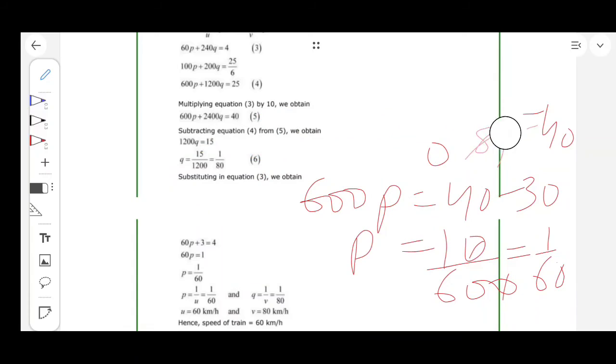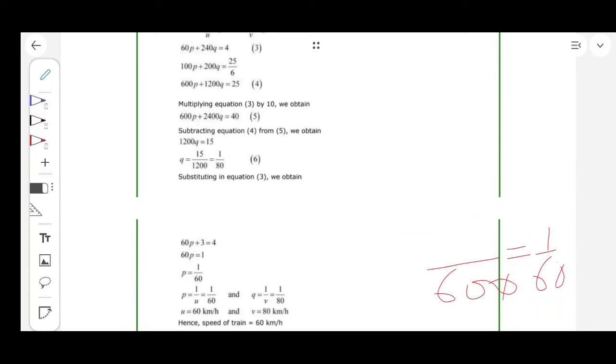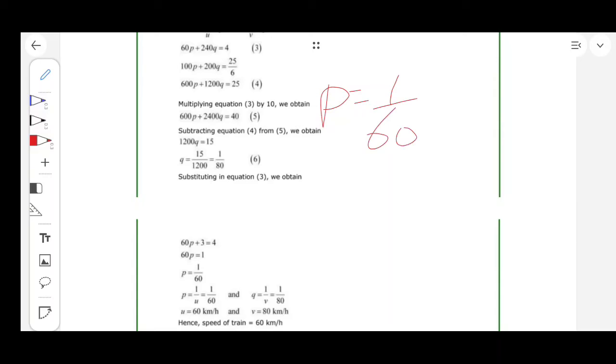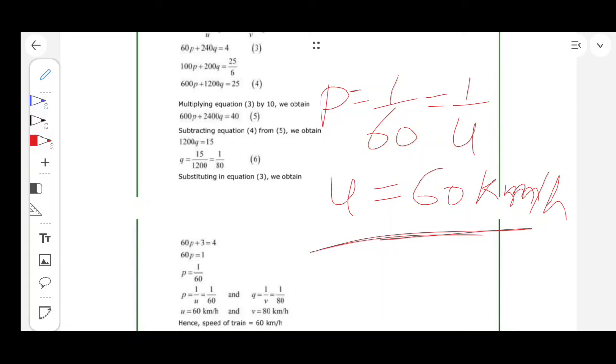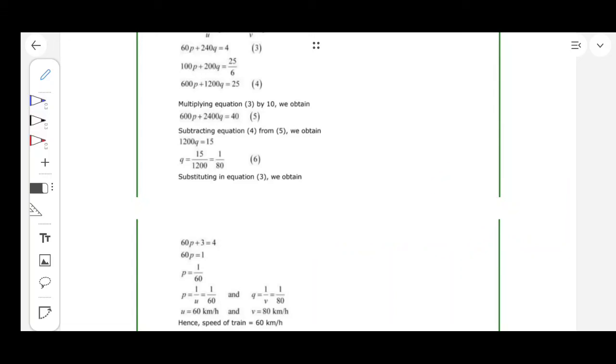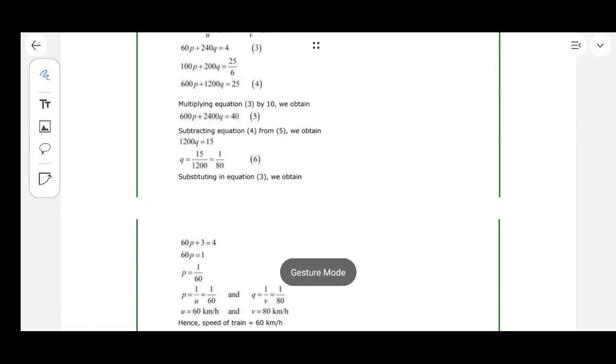We know that p equals 1 upon 60 and p equals 1 upon u, so we get u equals 60 kilometers per hour. So we got both values, u and v.